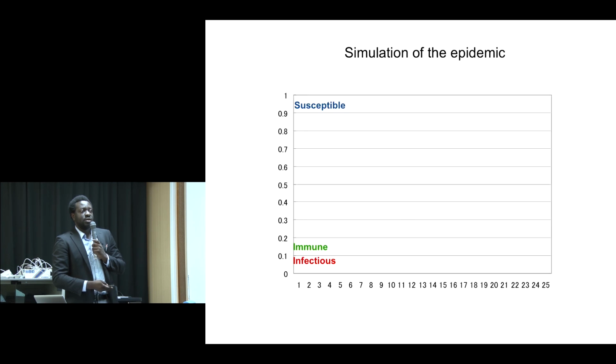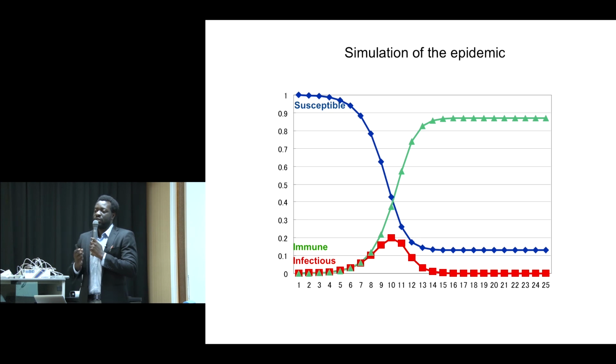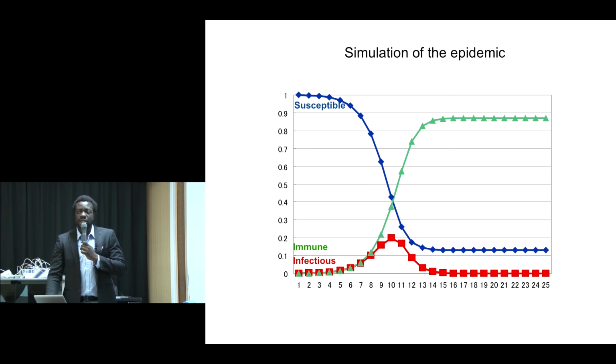So this is just a simulation of how the transmission can happen over time: the number of infectious, the number of immune, and the number of susceptible. So this was just to give you a very, very short introduction about mathematical modeling.